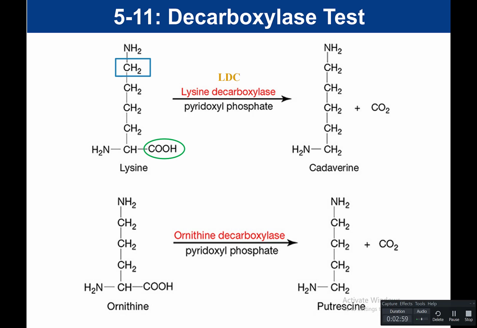It's very specific to lysine. Again, my lysine decarboxylase would require pyridoxal. That's the required coenzyme. We would need to have the conditions be acidic and we would need it to be anaerobic. Now, if lysine is decarboxylated, if this carboxyl group is removed, we get CO2. So a product is going to be carbon dioxide, and our diamine in this case, notice here's the amino group, here's the amino group, is referred to as cadaverine.